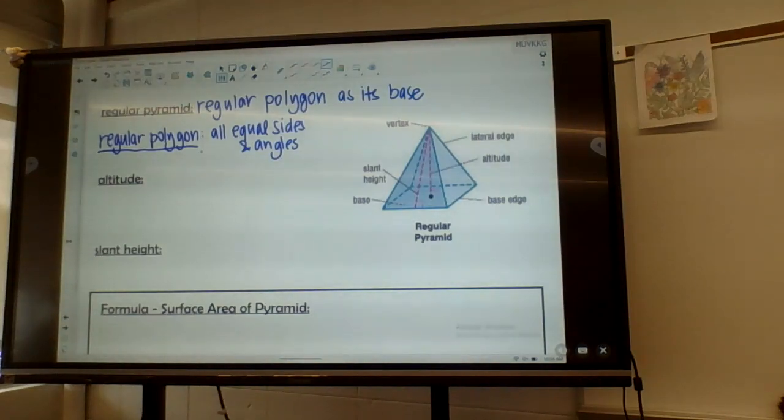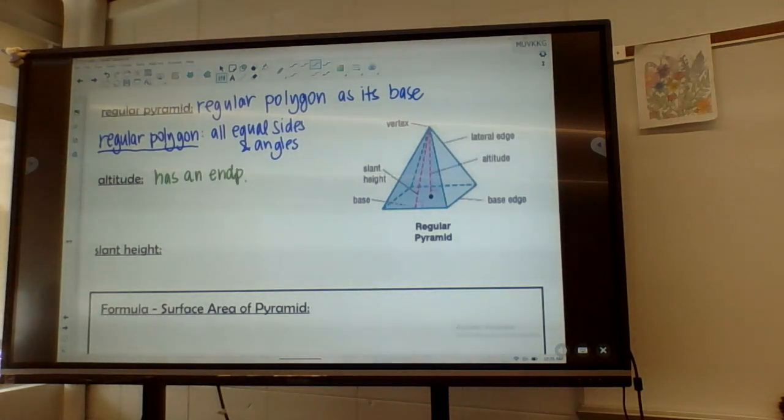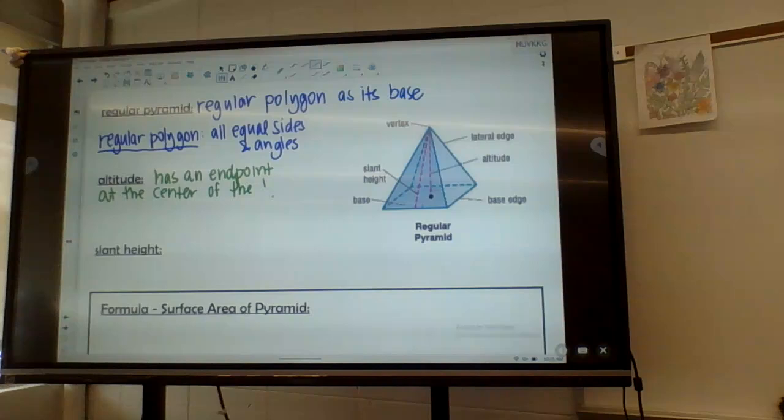And it's always perpendicular to the base. So the altitude has an endpoint at the center of the base, and it's perpendicular to the base.